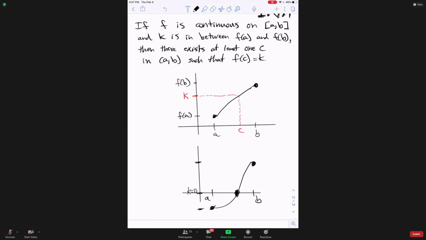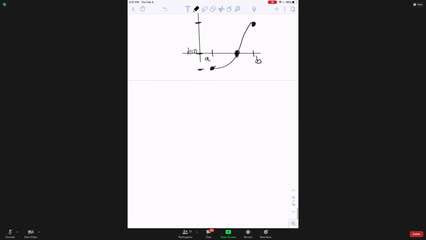So let me actually do a problem for you, an example where you would apply the mean value theorem. So when you're doing the problems from the book, when they say show using the intermediate value theorem, did I say mean value theorem? I meant intermediate value theorem. We never did mean value theorem.